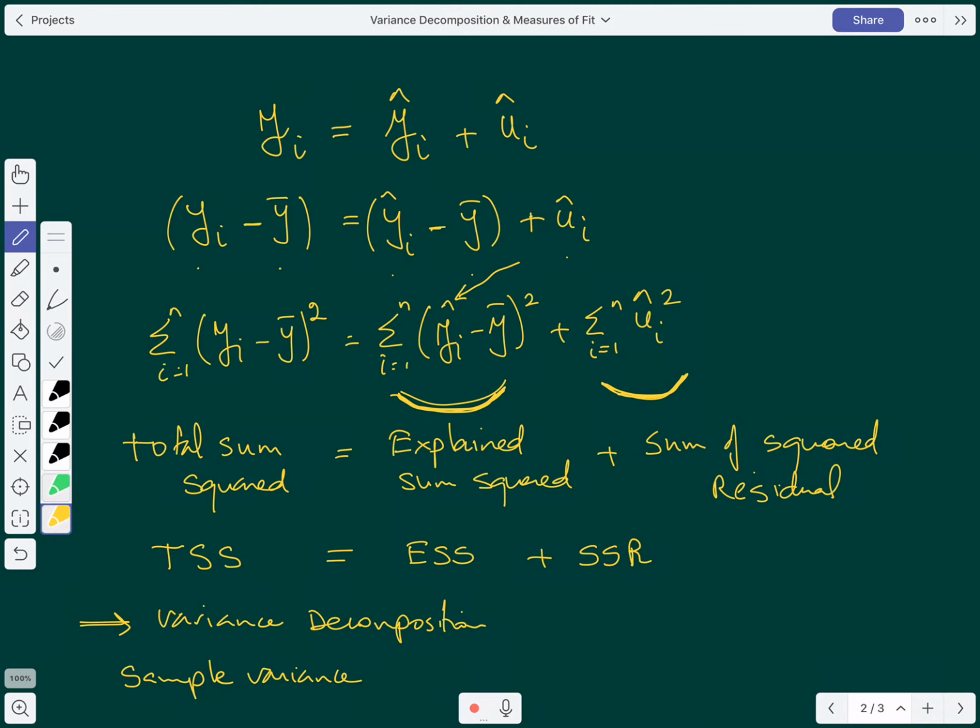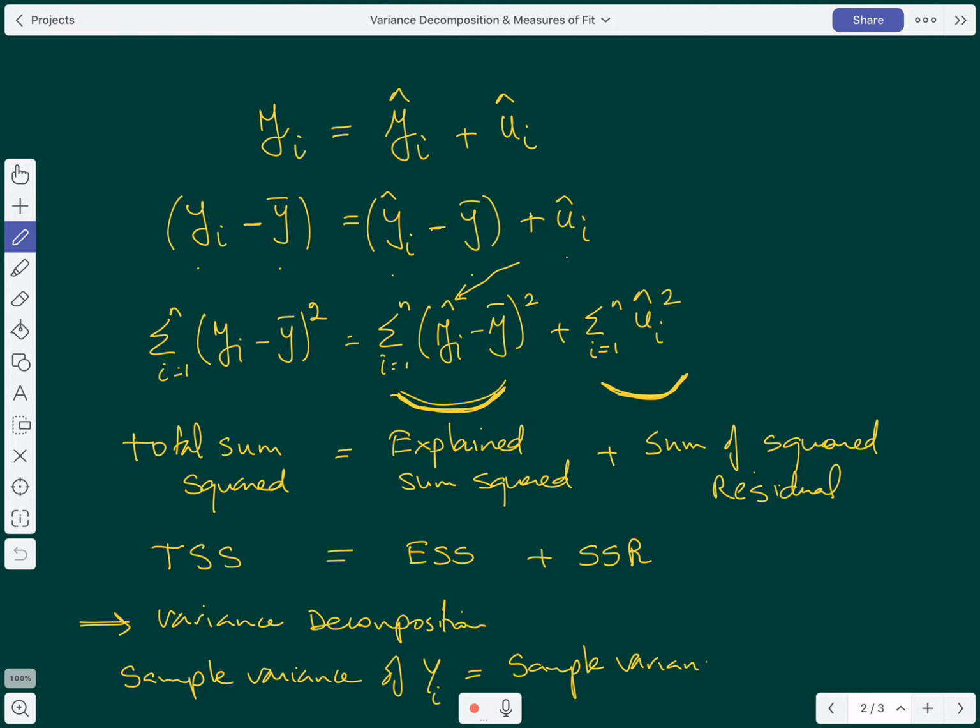The sample variance of yi is equal to the sample variance of yi hat plus the sample variance of ui hat. So each part represents a certain variance for a certain variable.